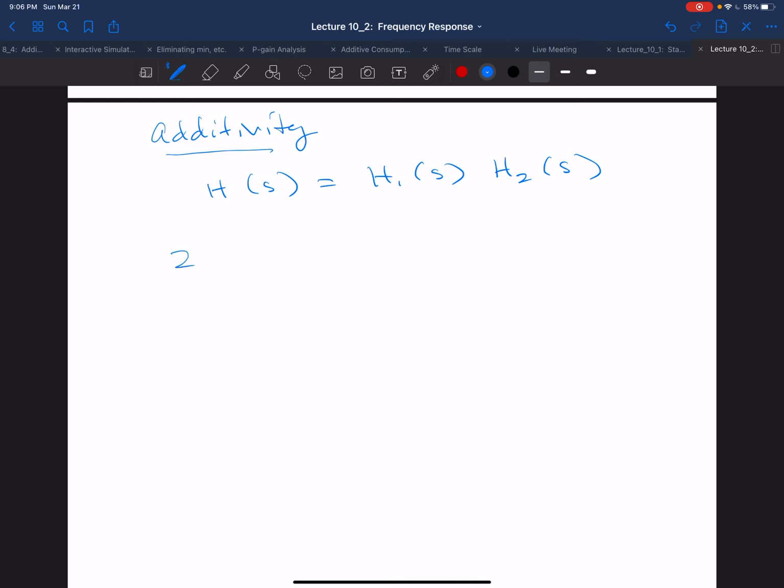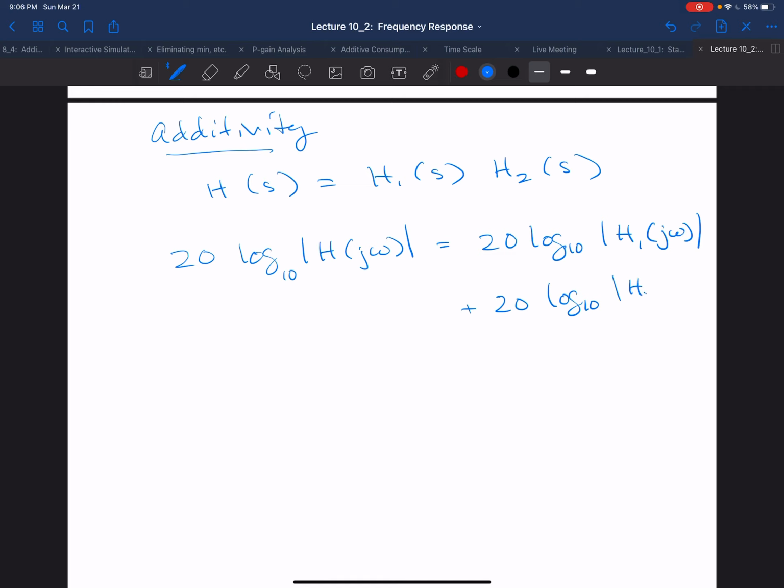But if we're expressing the modulus of H(j omega) in decibels, that is, taking its log to the base 10 and multiplying by 20, that's just going to be 20 log base 10 of the modulus of H1(j omega) plus 20 log to the base 10 of the modulus of H2(j omega).